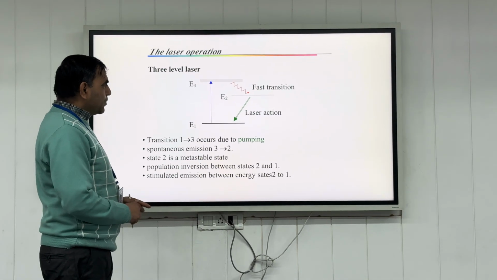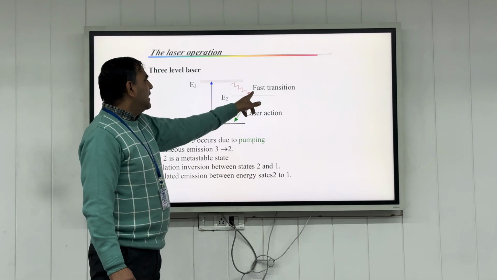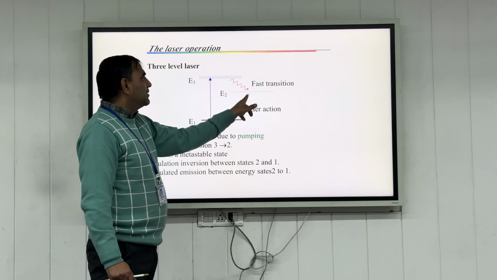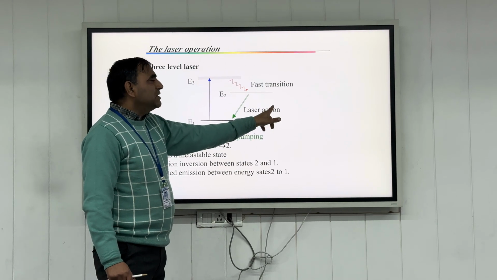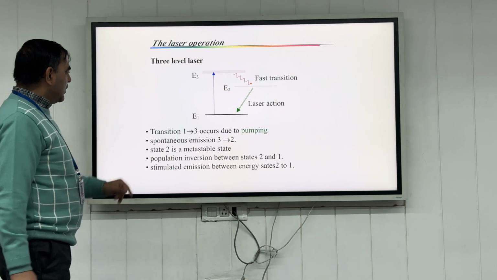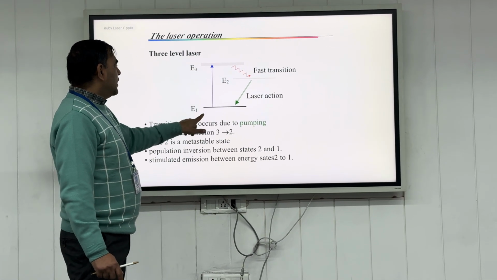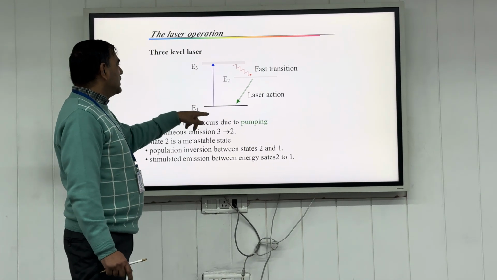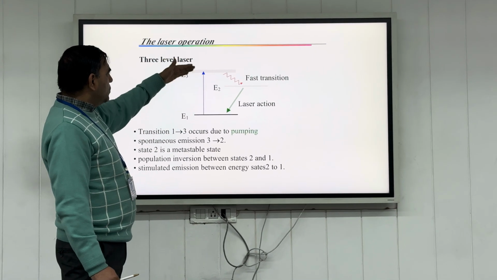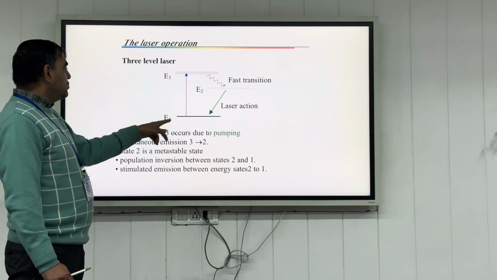In the metastable state the time is approximately 10 raised to power minus 3 seconds, and the laser action takes place in this state. So this is the 3 level laser. Actually, here we also have the transition from state 1 to state 3. When we provide the energy, the electron or atom goes from state 1 to the third state, the higher energy state, due to pumping.